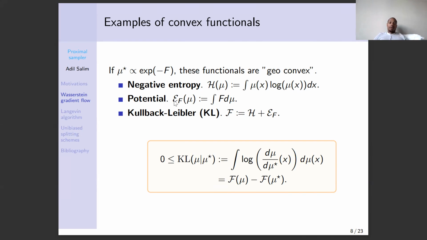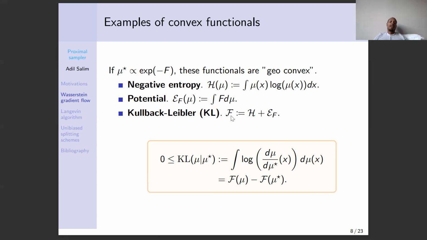The potential: if you look at the integral of f with respect to mu as a function of mu, it gives you a function over the Wasserstein space, which is called the potential associated to f. And if f is convex, then that potential is going to be geodesically convex. And finally, the sum of the two previous examples, H plus E_f, gives you a function curly F, which is also geodesically convex because it's the sum of geodesically convex functions.